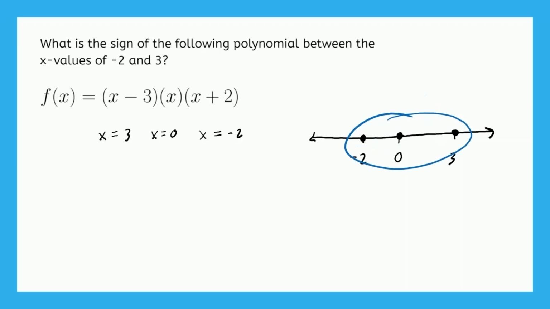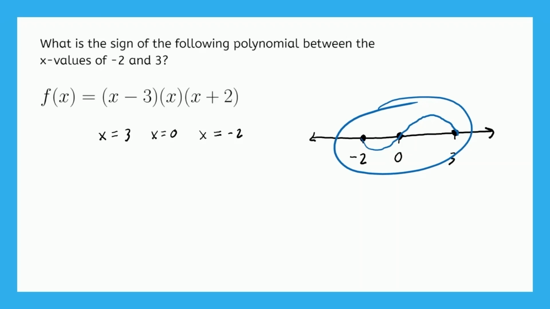We know that the graph will cross the x-axis, and the sign will be both negative and positive because we know that it crosses at this point right here from positive to negative, or from negative to positive. Even though we've already looked at it, the graph could look like this, something like that, or it could look something like this. And for this topic, the point is that this interval contains both negative and positive y values.